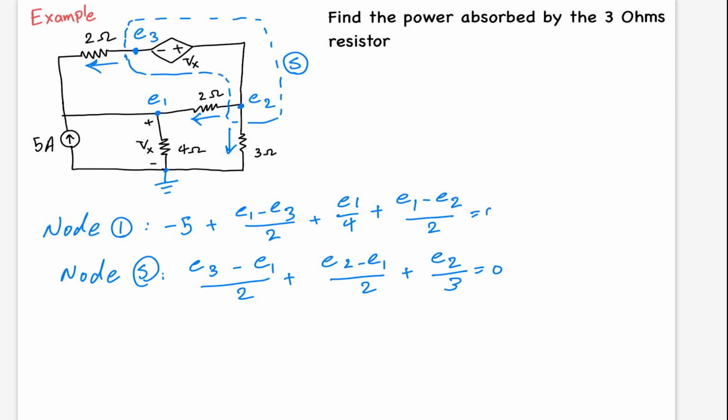By the way, these are equal to 0. And our constraint equation will be E2 minus E3 equal to Vx.